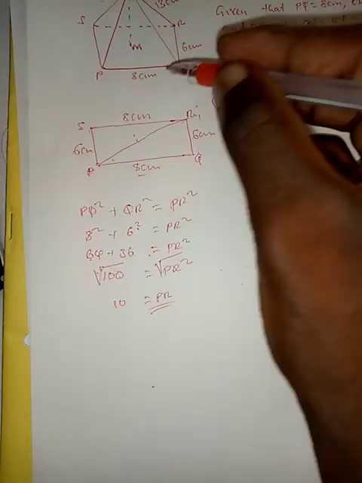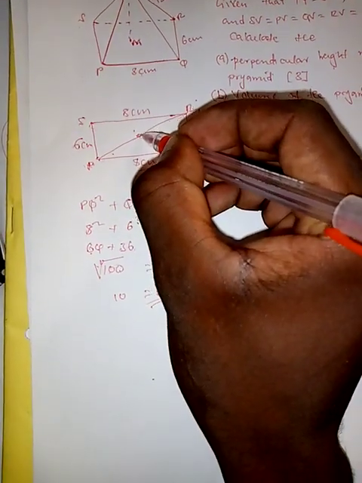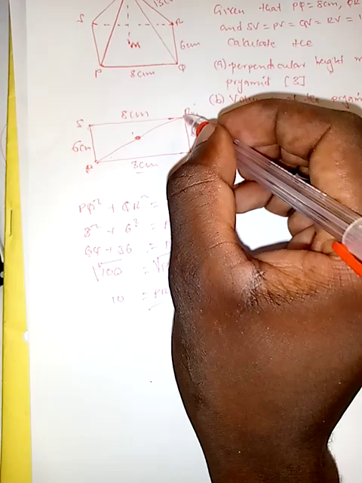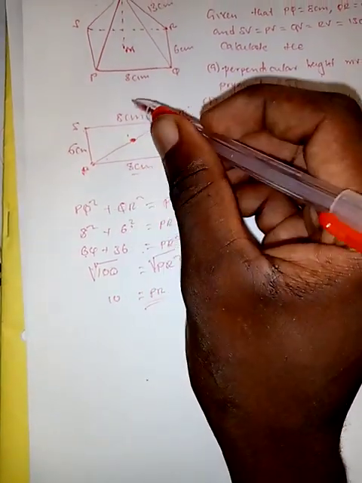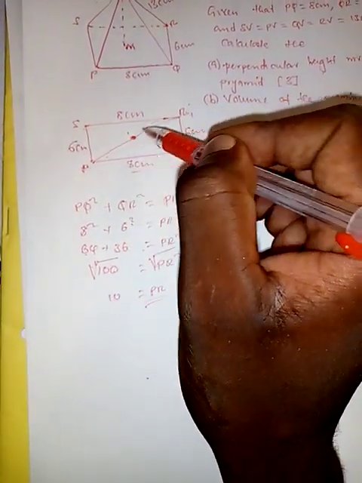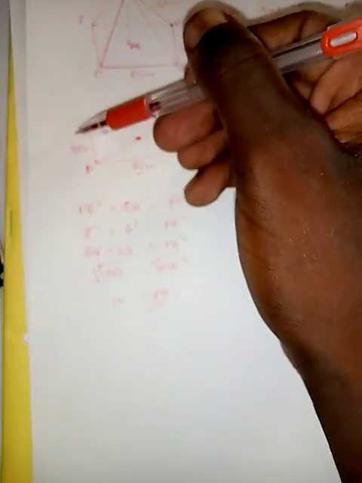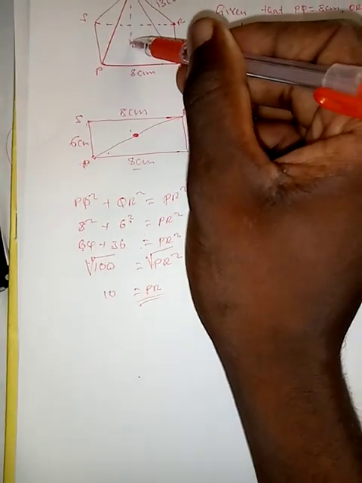But the main interest here is finding the halfway of this line, which is from P to this point, or from that point to this point. So this is the diagram there.